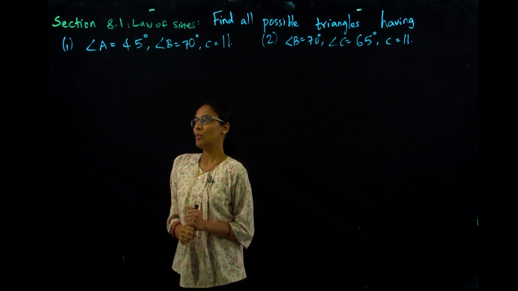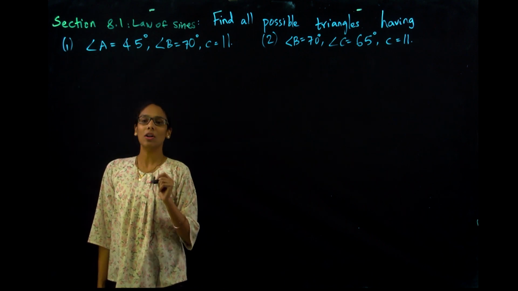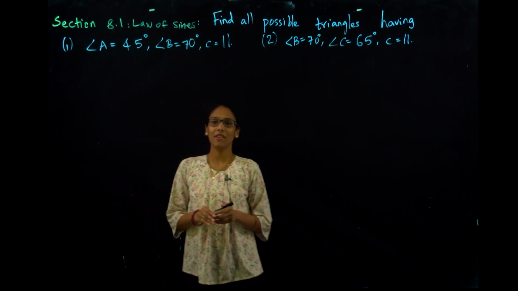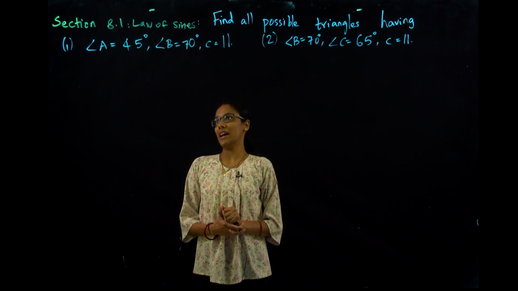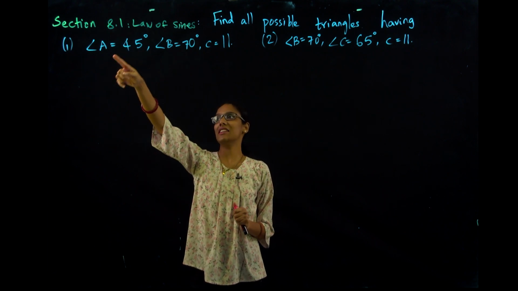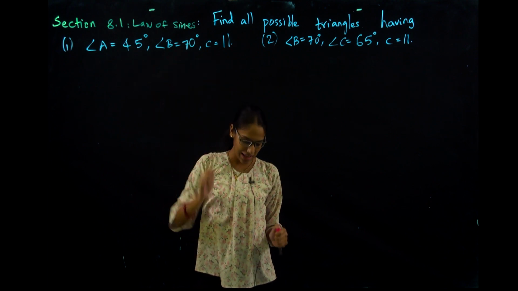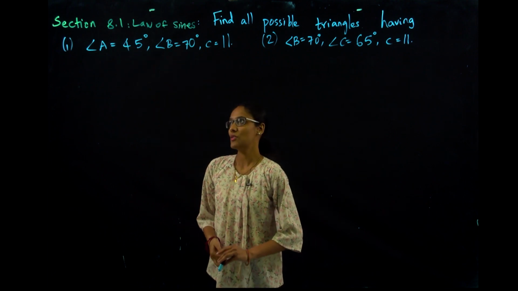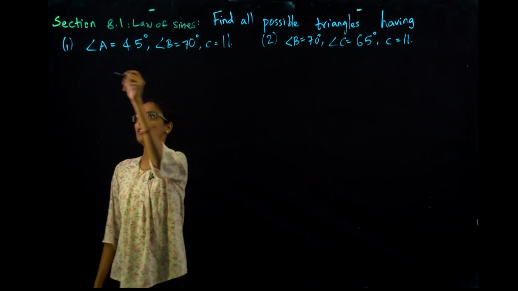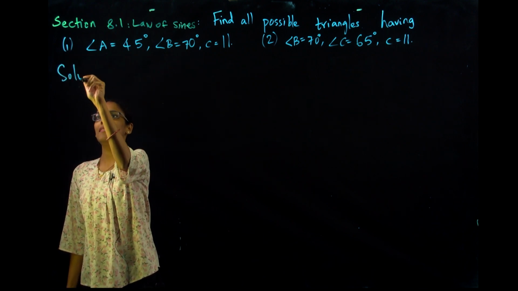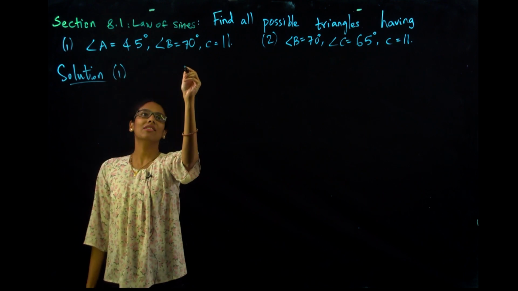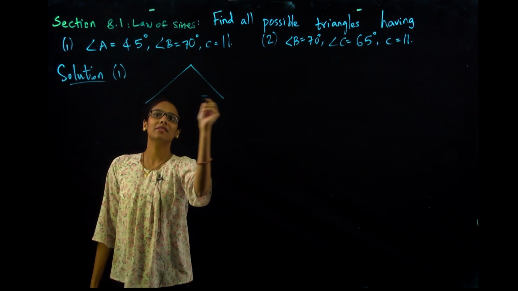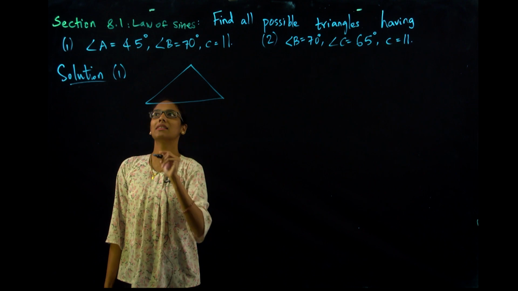Now, first of all, what do we mean by find all possible triangles? We are trying to find all the possible measurements for the triangle having these three values for angle A, angle B, and side C. Now, drawing a figure is always helpful. So let's begin by getting a rough figure to see what are the given measurements.